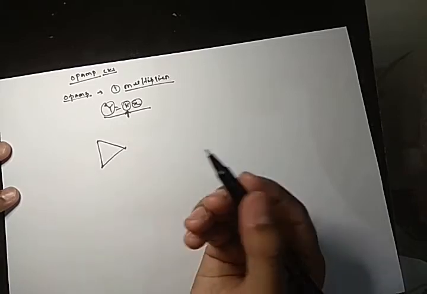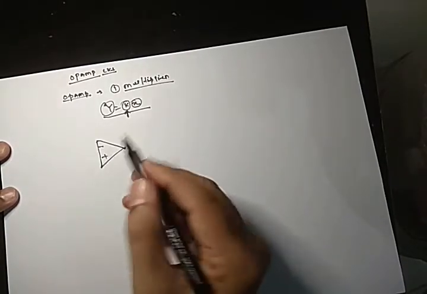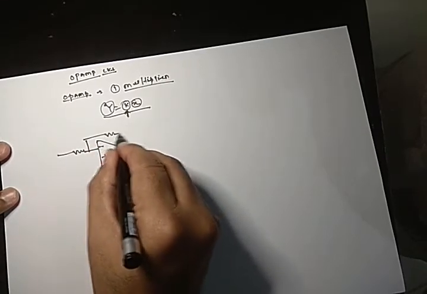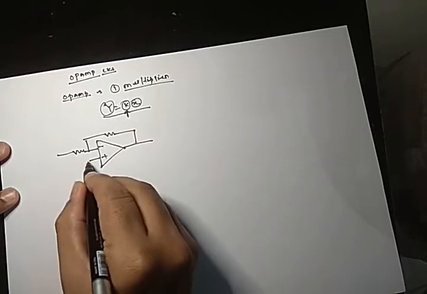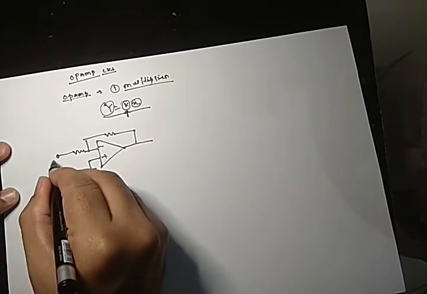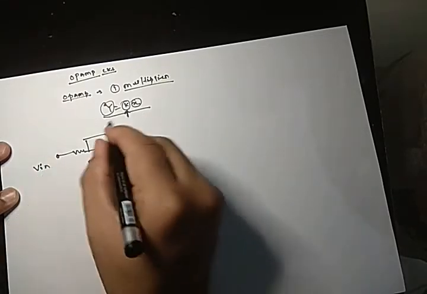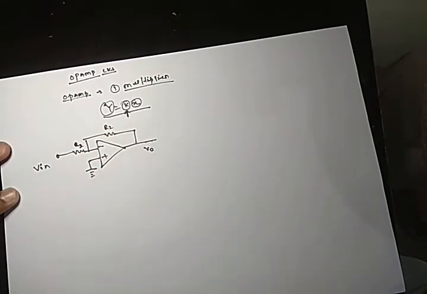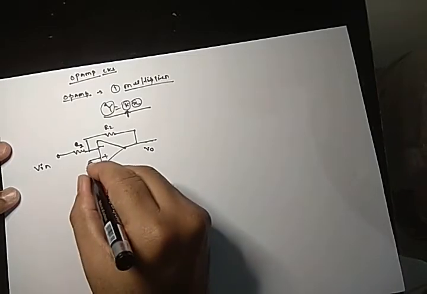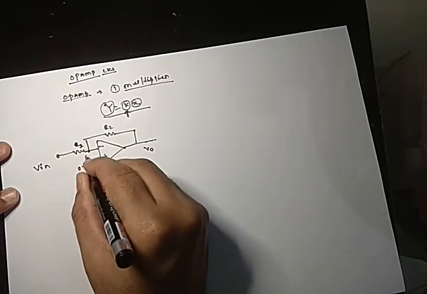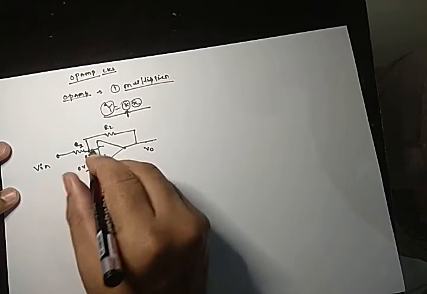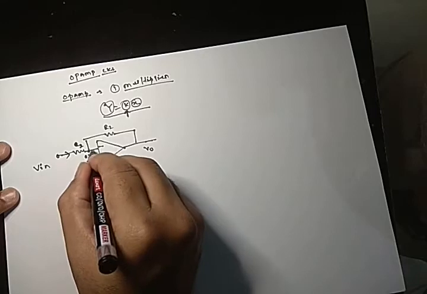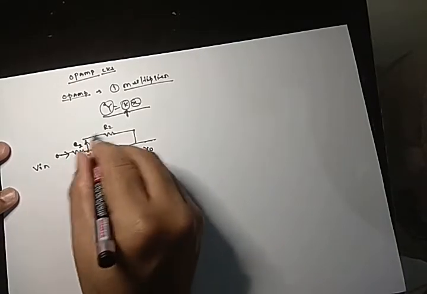Now this is your op-amp plus V0. Now we need to solve this circuit. This is 0 volt. Again this will be 0 volt because of virtual ground. Now applying KCL, the current coming here will not pass through this, it will go through this.